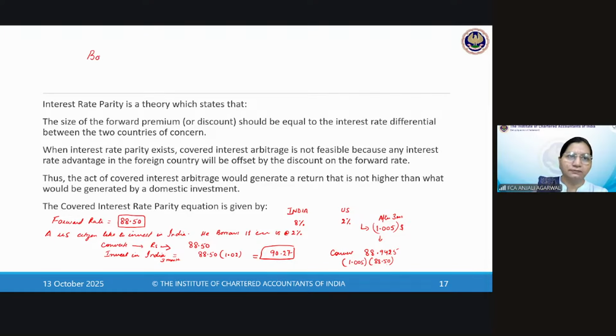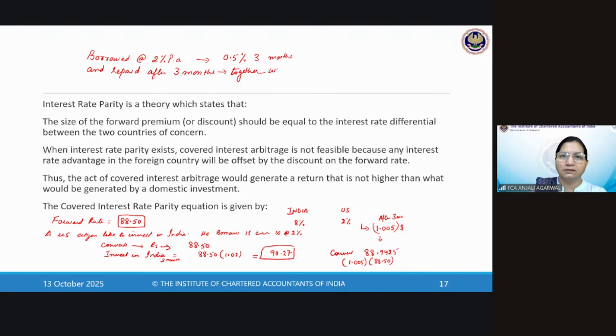He has borrowed at 2% per annum, equivalent to 0.5% for 3 months, and repaid after 3 months together with interest. How much has he repaid? $1.005.